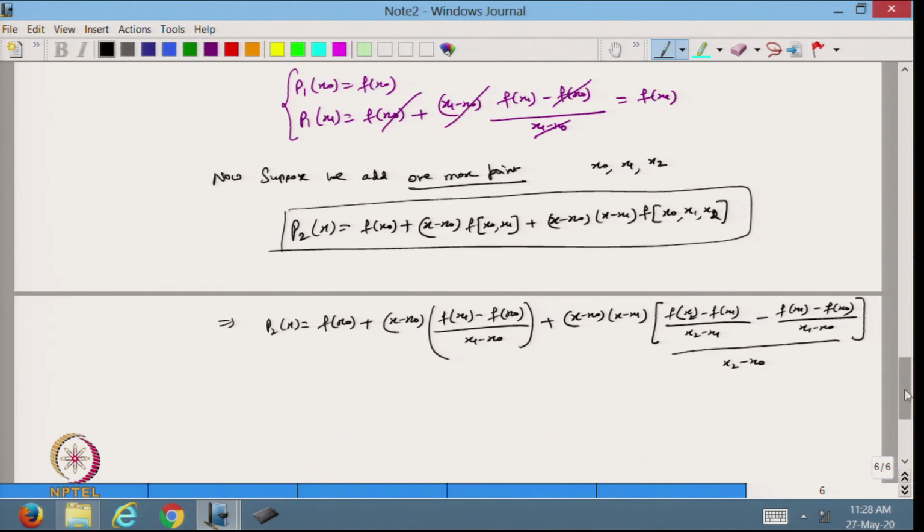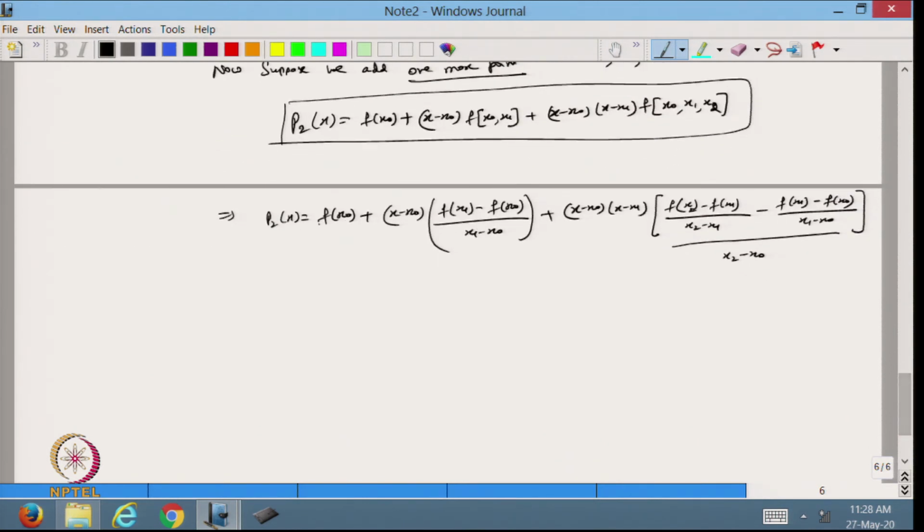Now, from here, if I put x equal to x0, all these terms will be 0, I will get f(x0). So, p2 at x0 will be f(x0).